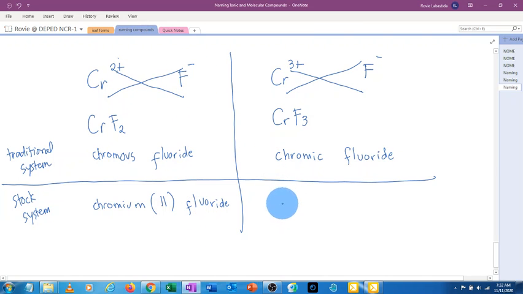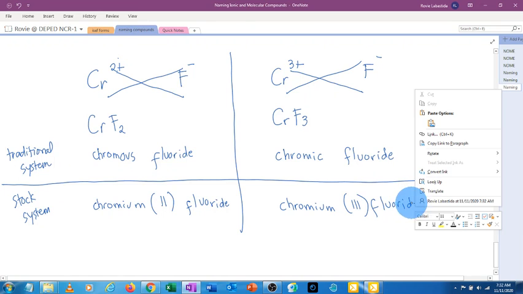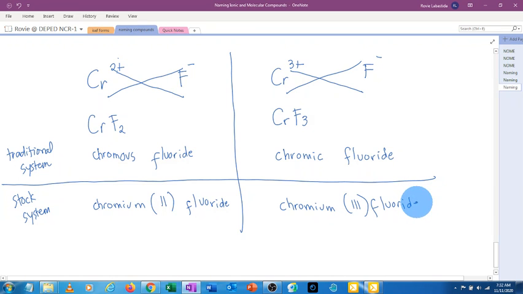Okay, and then for this one, CrF3, name the metal first, chromium. Indicate the charge in the parentheses, 3. Then add IDE to the root term of the nonmetal. There you go. Chromium(III) fluoride. Alright. So, let me give you another example using the same cations.